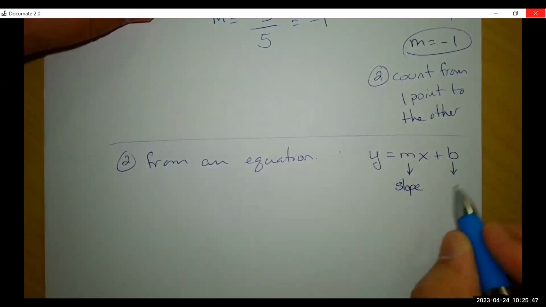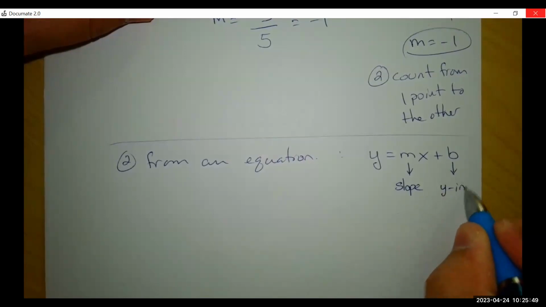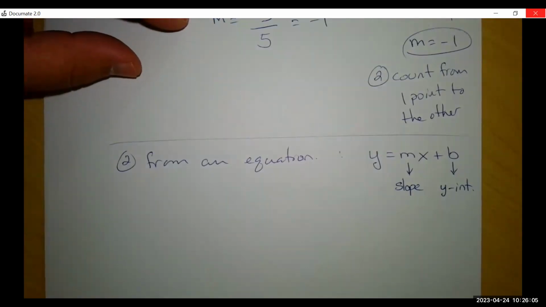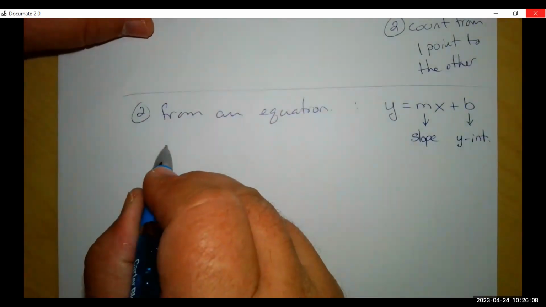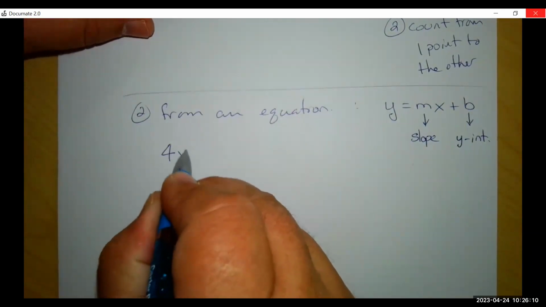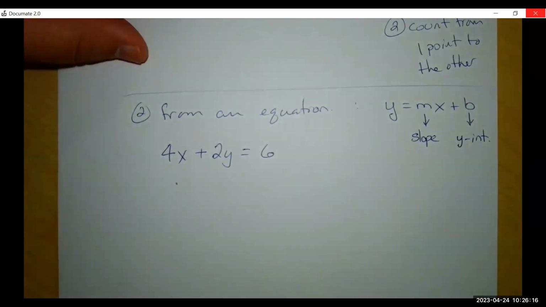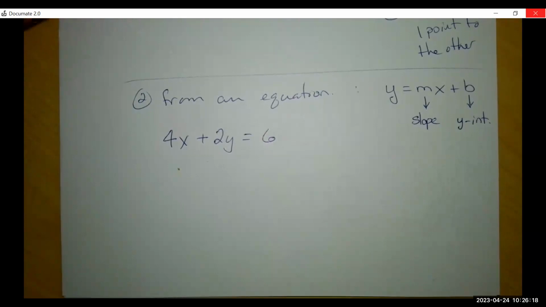And B represents the y-intercept. So if I give you an equation, 4x plus 2y equals 6, find me the slope of that equation and graph it.